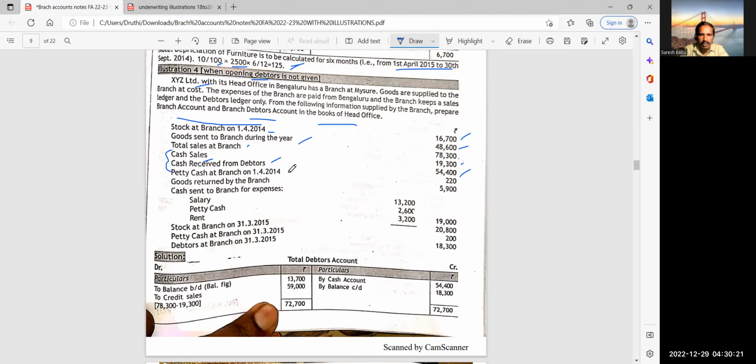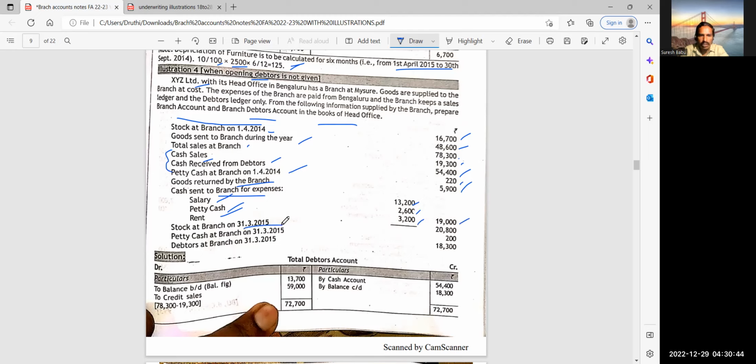Right. Petty cash opening 220 rupees. Then goods returned by the branch to head office 5,900. Cash sent to branch for expenses, salary, petty cash, rent: 13,200, 2,600, 3,200, 19,000.